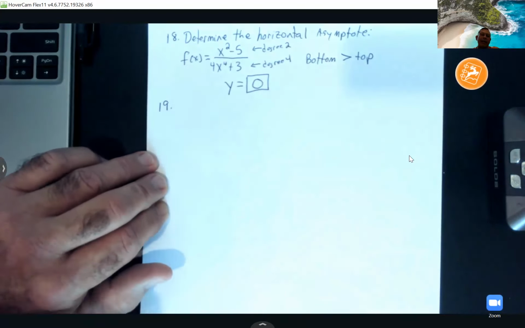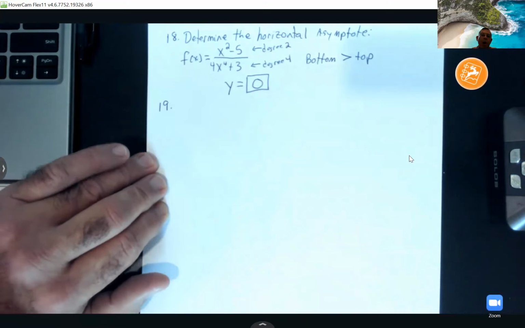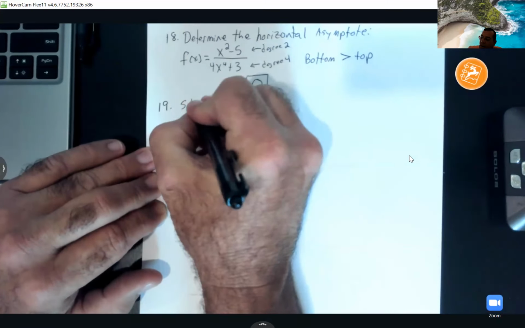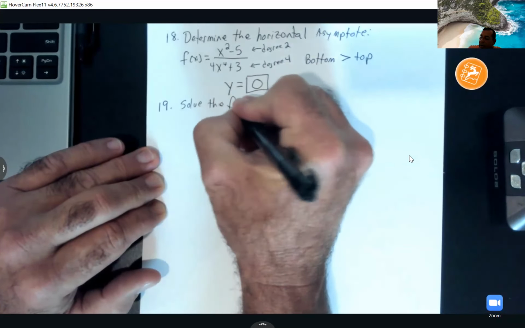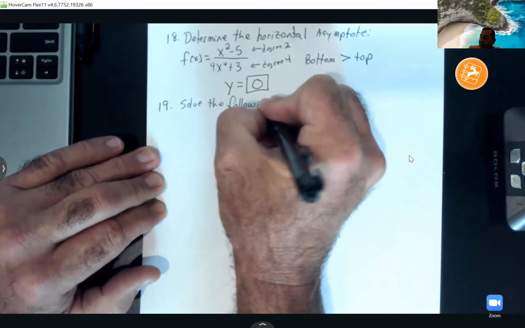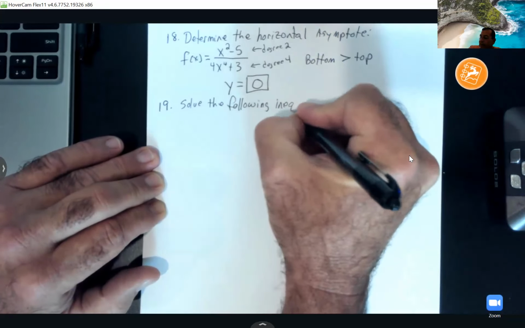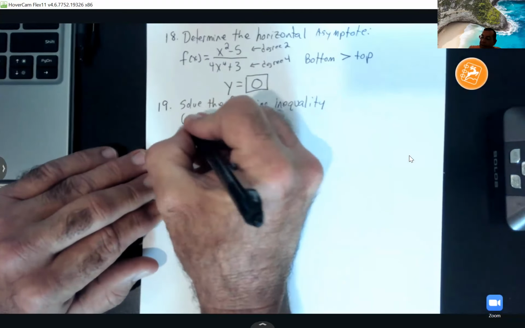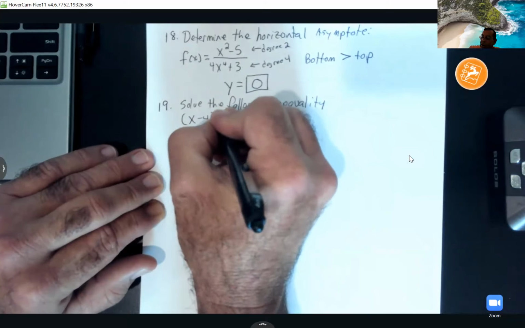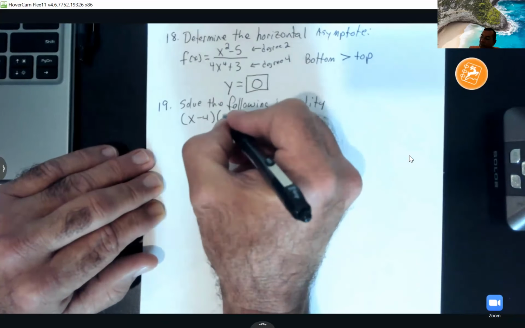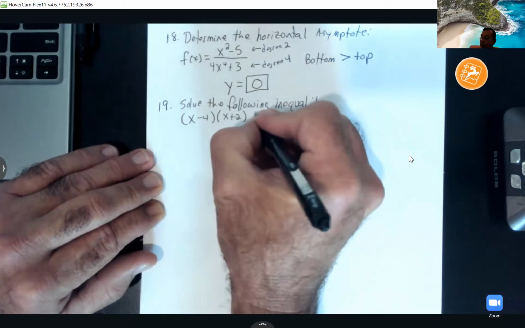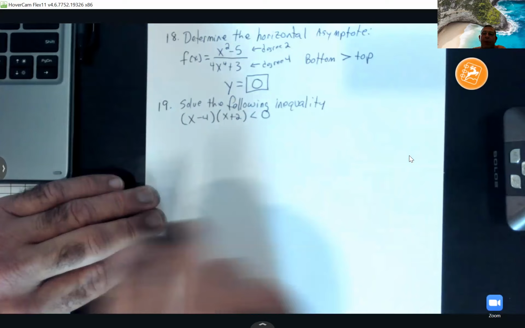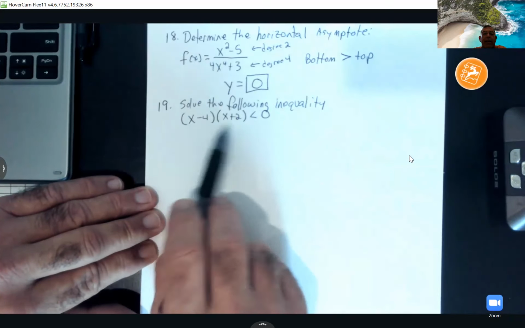All right, then 19 and 20 deal with the inequalities with the less than, greater than. So they want us to solve the following inequality. This one I got x minus 4 times x plus 2 less than 0. So this is where I set up the number line and I use the solutions that I get.